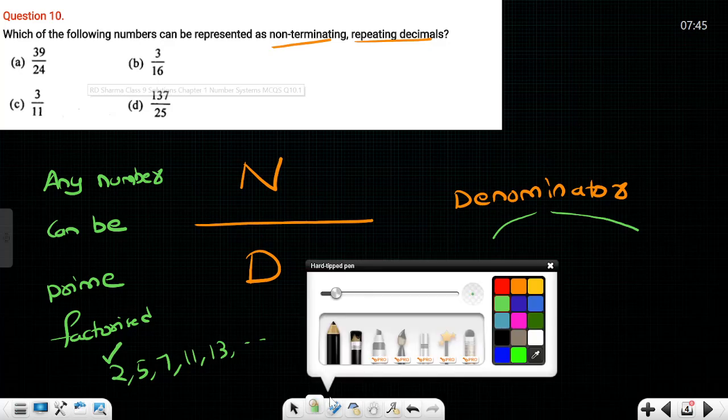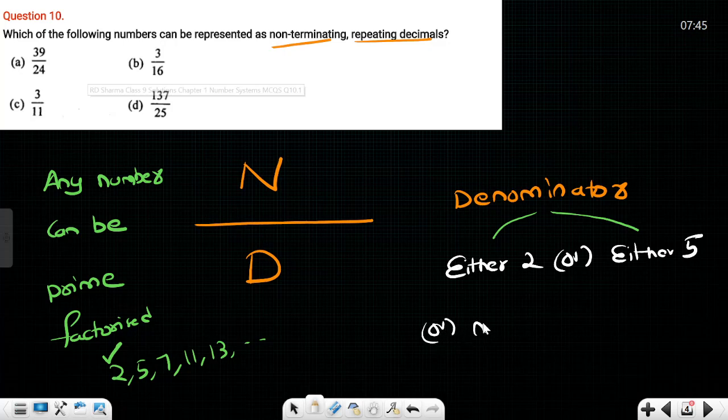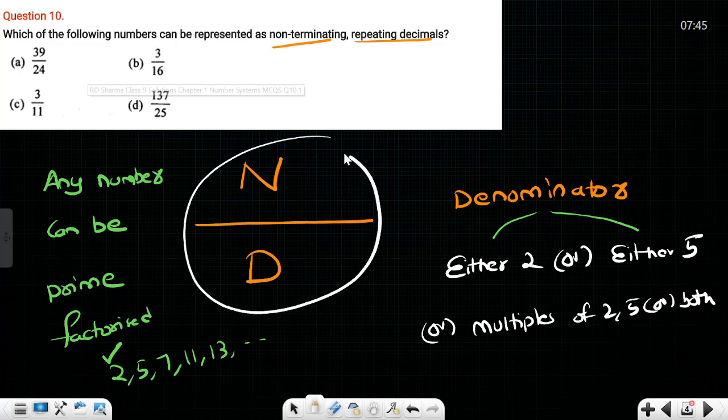Now something very important I wanted to say: if in the denominator there is either 2 or 5 or multiples of 2, 5 or both, that fraction is going to be terminating.